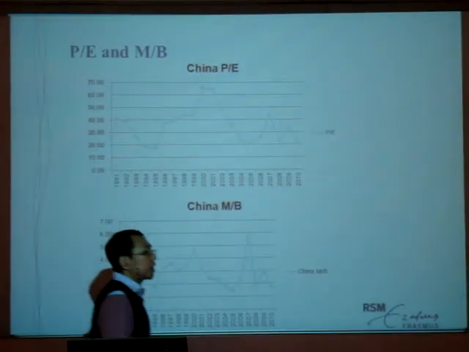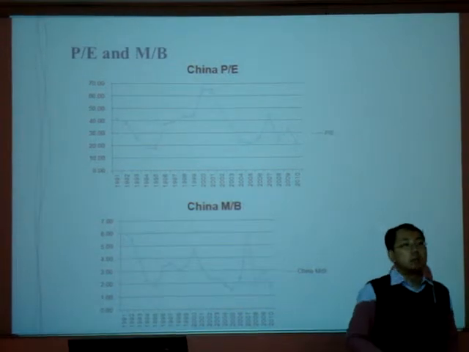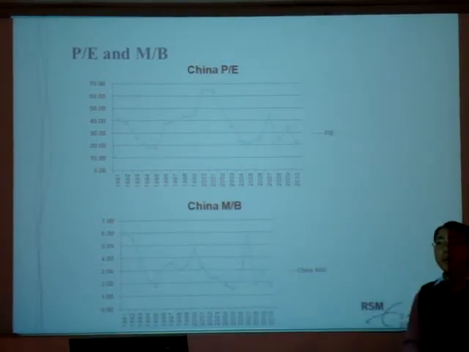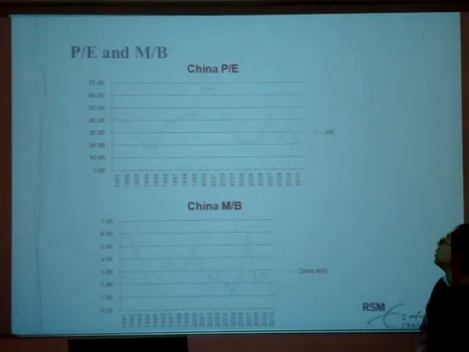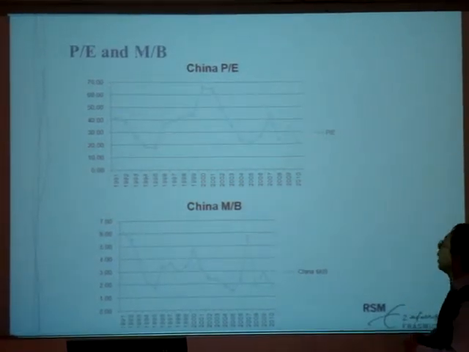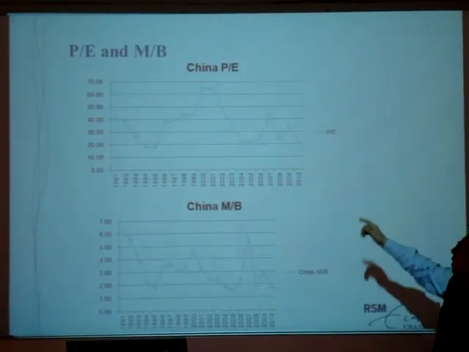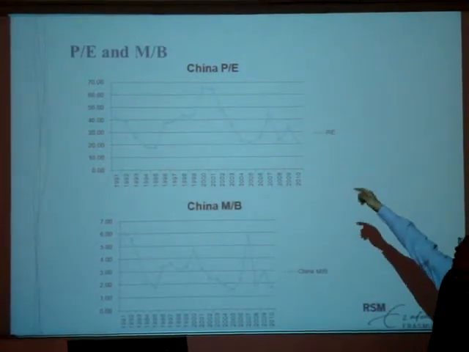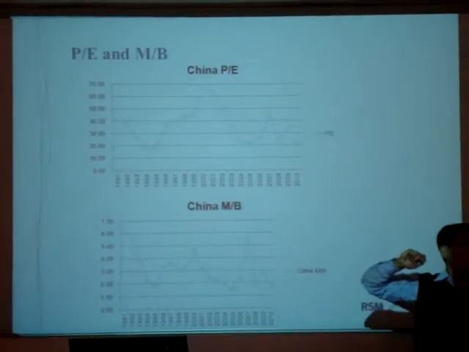For the China market, it's also famous for high valuation. People are crazy. People pay much more money than anywhere else. That was true, especially in the early period. We can see the average market PE ratio between 60 and 70 around 2000.